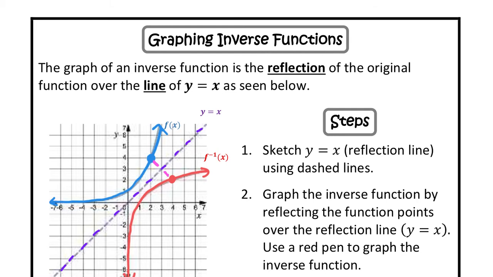So what we're doing also is color coding, making sure that the original function is one color and the inverse, or the reflection, is a different color, so that we can tell them apart and know which one is the original and which one is the inverse. So let's practice these steps in the examples, and then we should get a better idea.